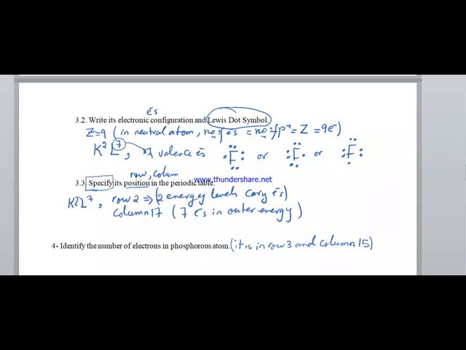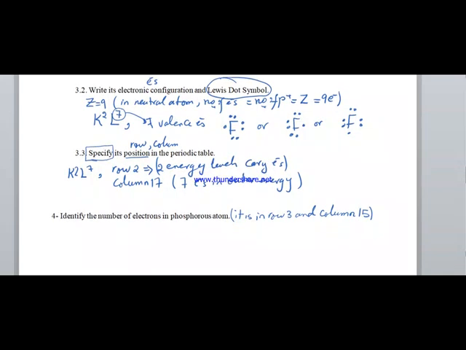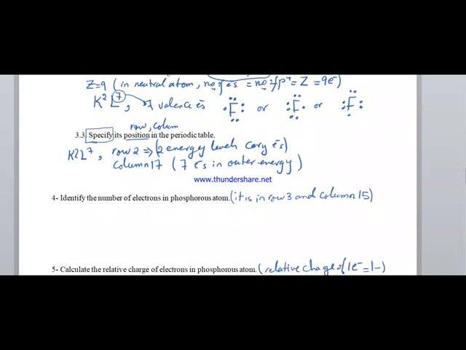So by the following we specify the position of fluorine in the periodic table: row 2, since there are two energy levels, K and L; column 17, since we have 7 valence electrons.